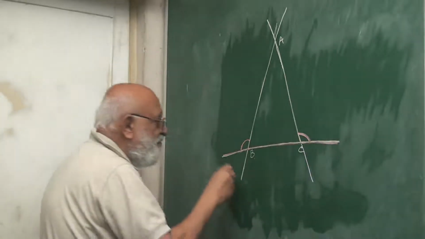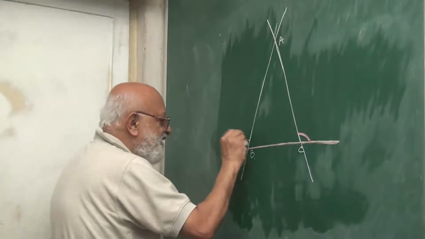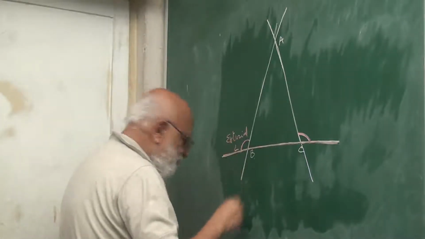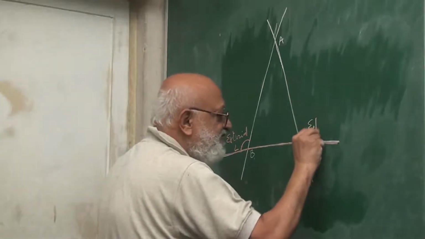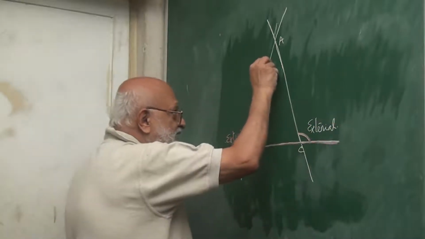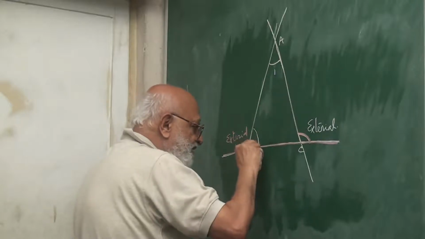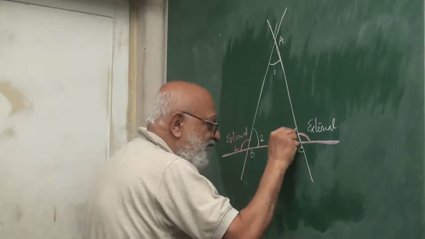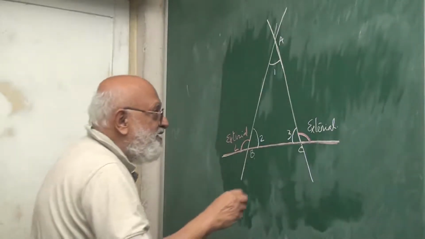So they will be called exterior angles. This is also an exterior angle. This is also an exterior angle. Let me again write 1 for this angle, 2 for this angle, and 3 for this angle. I will call this angle 4.